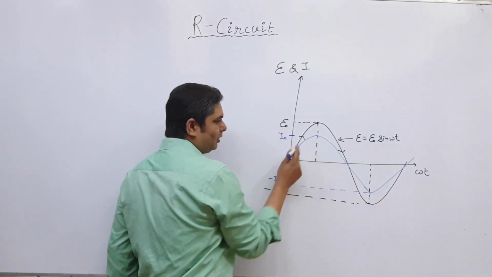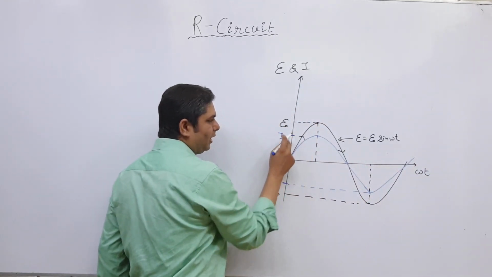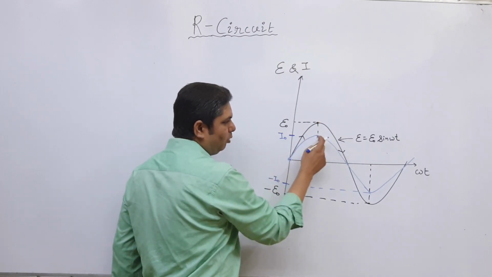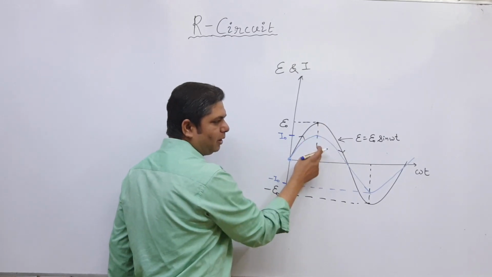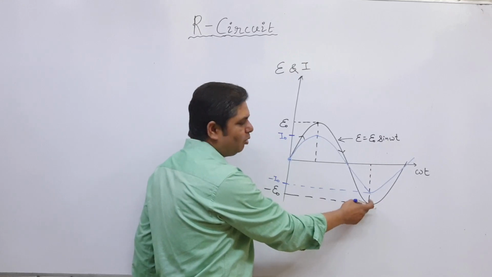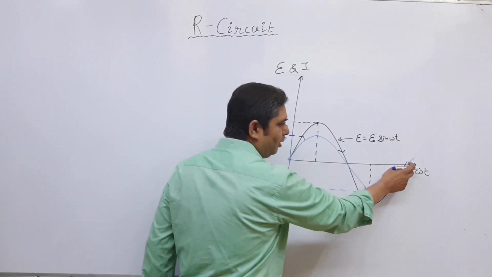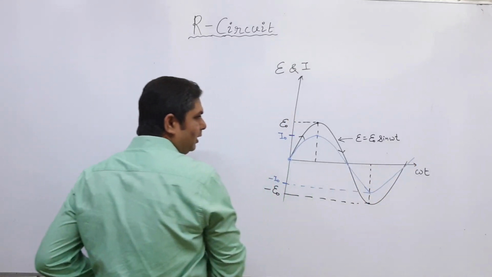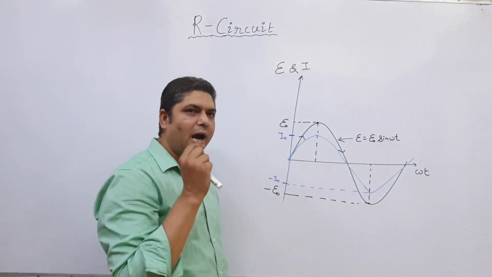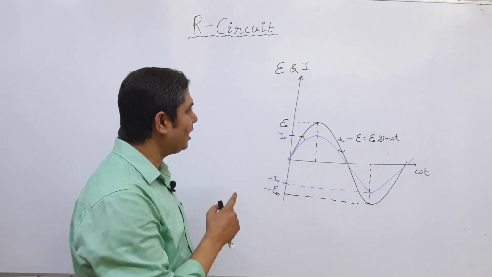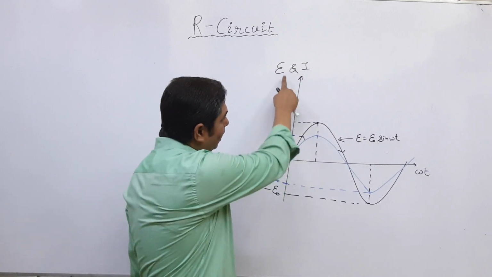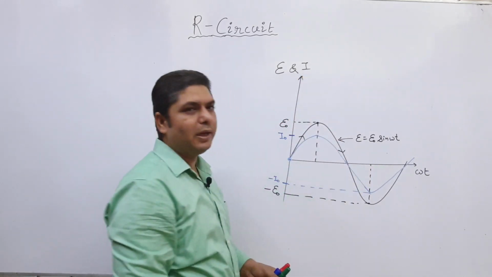You are seeing that the zero of E and I occur at the same time, the peak value of current and EMF occur at the same time, again the minima occur at the same time, again the maxima on the negative side occur at the same time, and again the minima occur at the same time. So we are saying that current and voltage are in same phase. This diagram is said to be E and I versus omega t diagram.